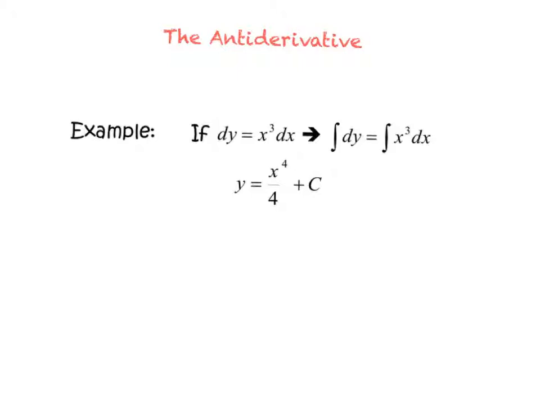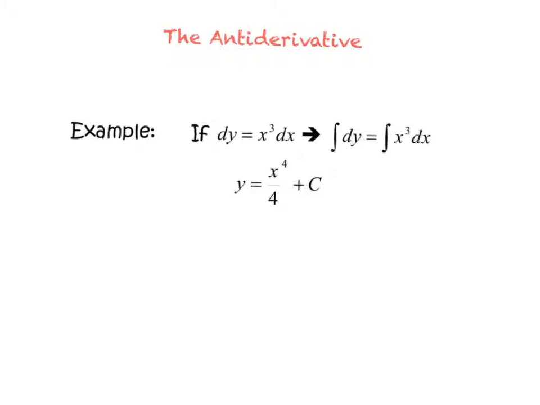For this example, the integral of the differential of y equals y, that's the function we're looking for. On the right side of the equation, we found that the derivative of x to the 4th power over 4 plus a constant equals x cubed.